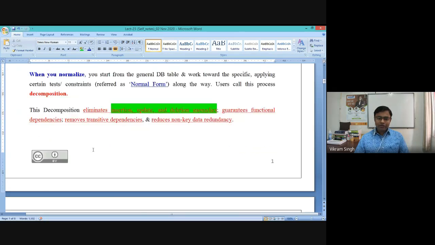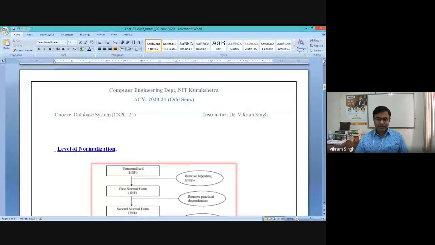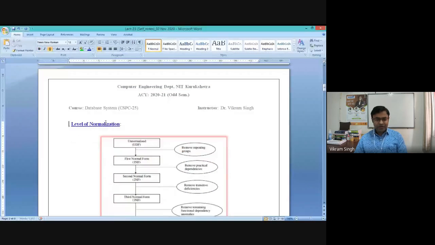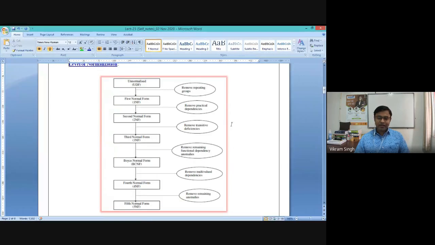Right. So now let's go to this summarized view of normalization. Here you can see we have given this process flow. Initially we will begin with this unnormalized data state. The database table which we have created during the last two phases is referred to as an unnormalized data relation.